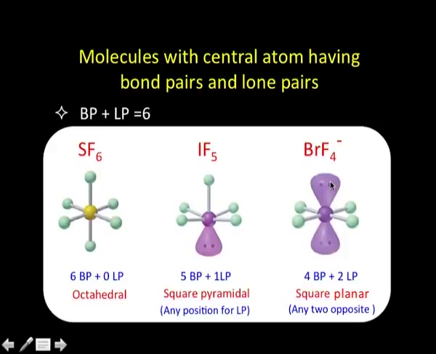So any of these 2 positions, or these 2 positions, or these 2 positions, all are equivalent. So any 2 opposite positions will be occupied by the lone pairs, and the rest 4 will be occupied by the bond pairs, and the molecule will have a square planar geometry there.